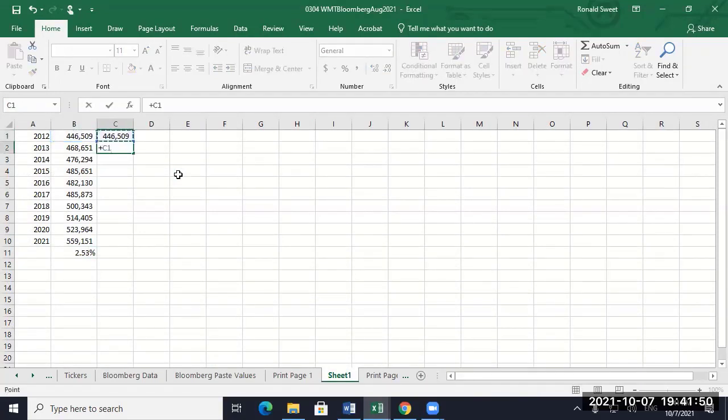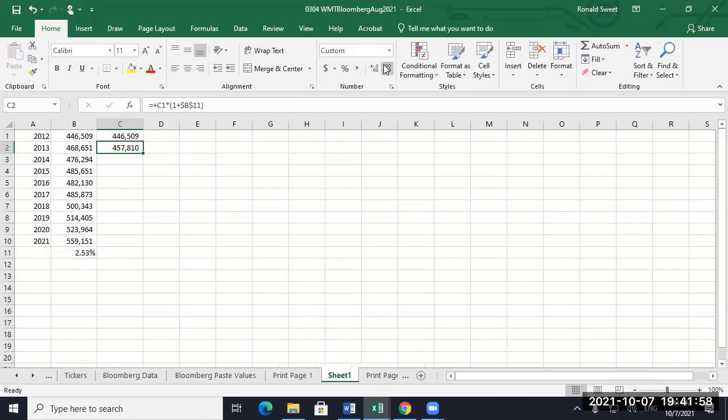So if I grew each one of these by 2.53%, what's the last number going to be? Any guesses? You'll do that in your minds. If I copy this all the way down, what's the last number going to be? I'm going to guess somewhere around 559,151. That's going to be my guess, right? Pretty close. Why is it that? Because that's the definition of a CAGR, right?